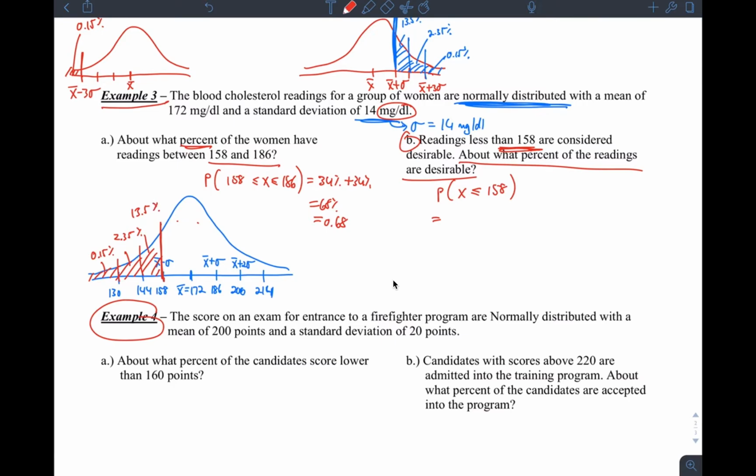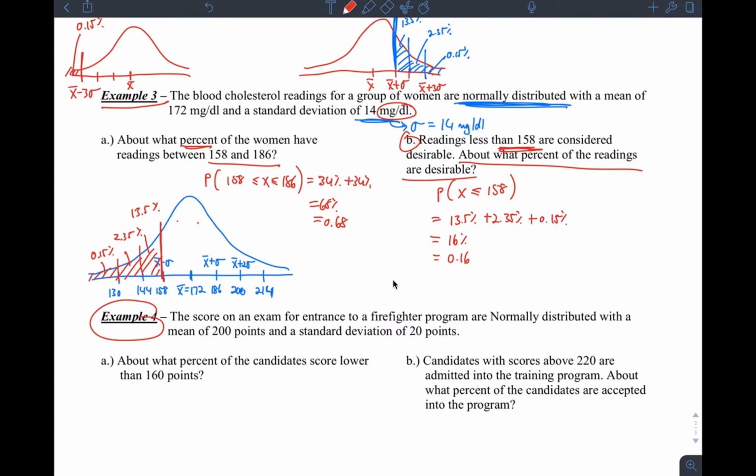So you'd say this answer would be 13.5% plus 2.35% plus 0.15%. If you add that all up, you get, interesting, again, 16%. Numbers will come up often because it's the same chunks we're adding up.